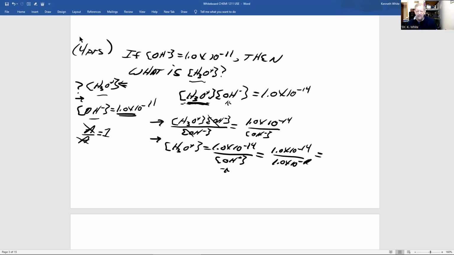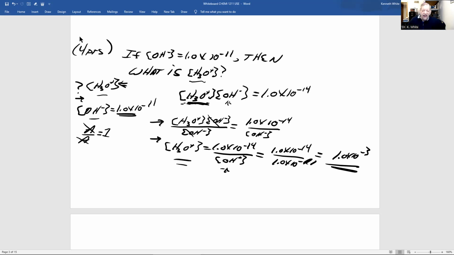And this is 10 times 10 to the minus 11. Do the math. And that's our answer. 1.0 times 10 to the minus 13th is the hydronium ion concentration.